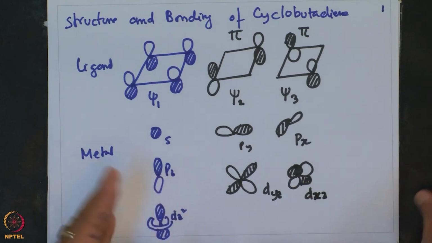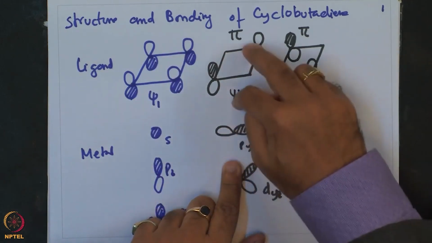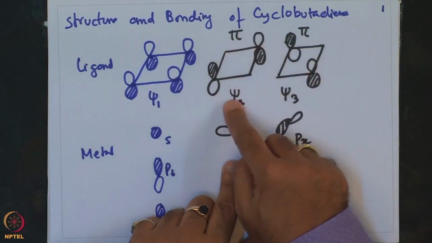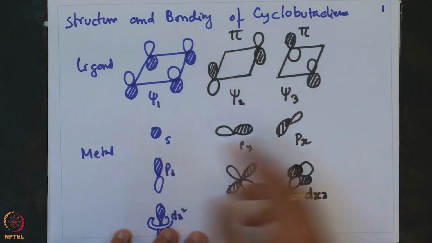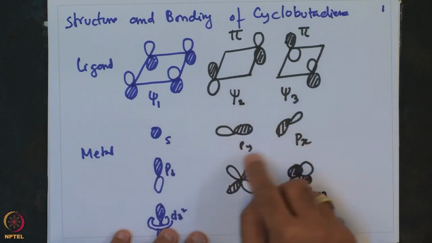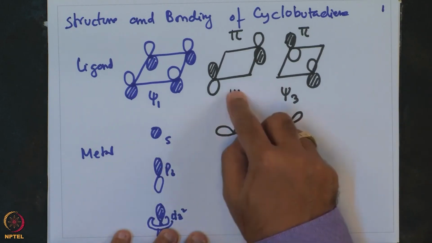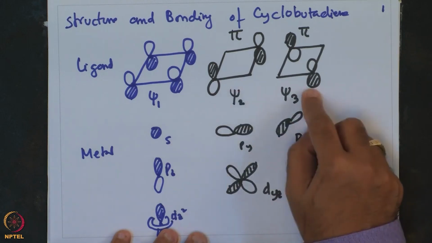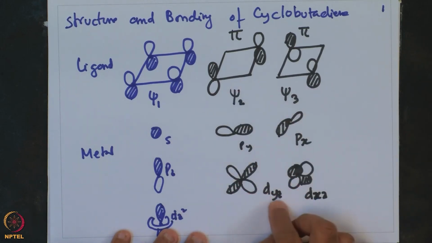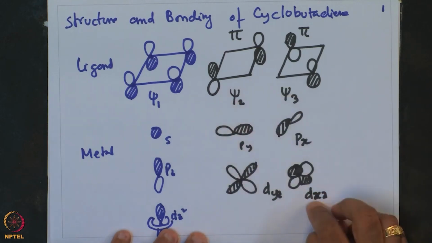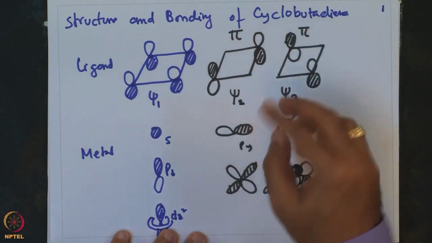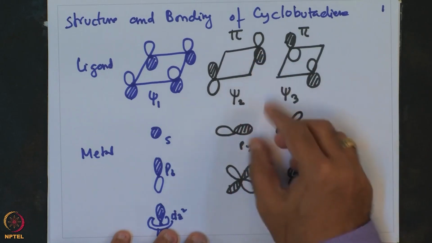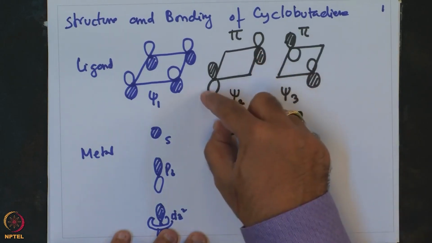So these are the metal orbitals which interact with psi 2 and psi 3 of the cyclobutadiene ligand. The metal orbitals can arise from p orbitals, py for psi 2 and px for psi 3, as well as d orbitals like dyz for psi 2 and dxz for psi 3. These interactions are of pi type in the sense that this lobe will interact with that and this lobe will interact with this.